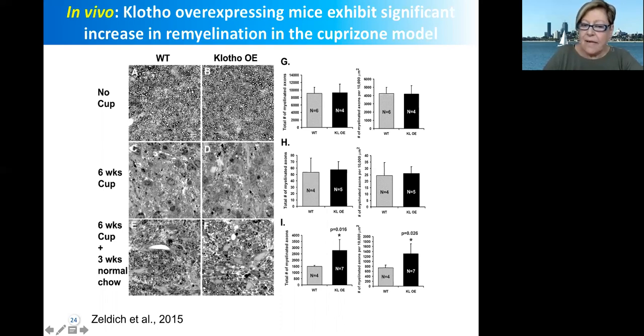So the demyelination is very similar in both, but after 3 additional weeks of normal chow, the Klotho overexpressing mice remyelinate twice as well as wild type mice, suggesting that having Klotho is important for remyelination.